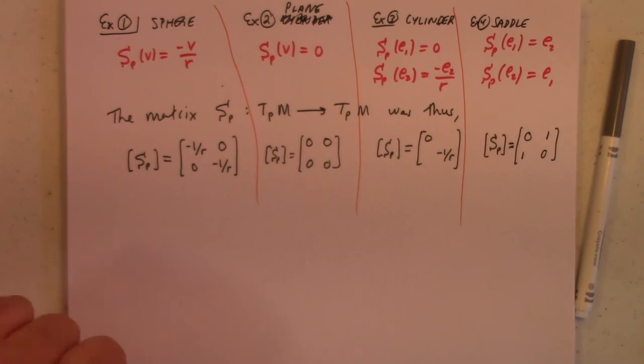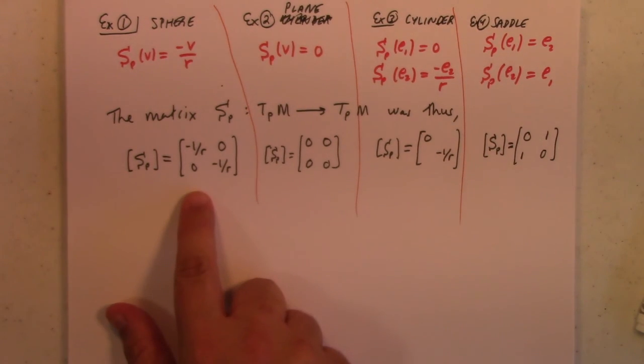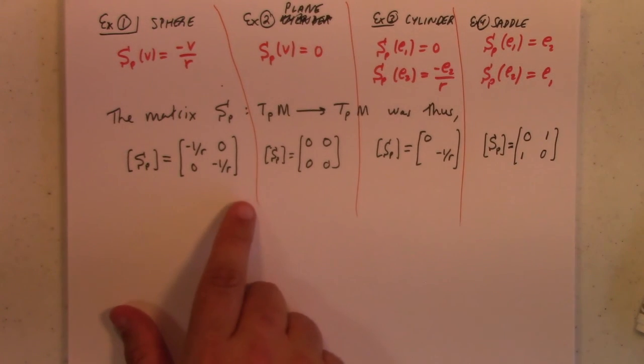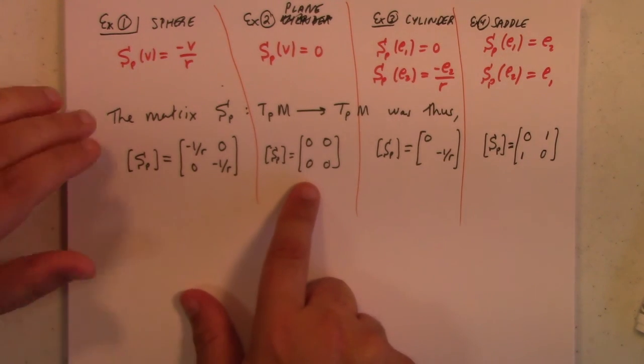Now, just looking ahead a bit, we're soon going to learn that the determinant of the shape operator is called the Gaussian curvature, and 1/2 the trace of the shape operator is the so-called mean curvature.